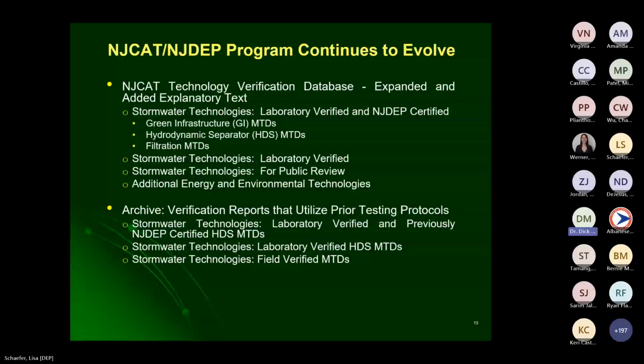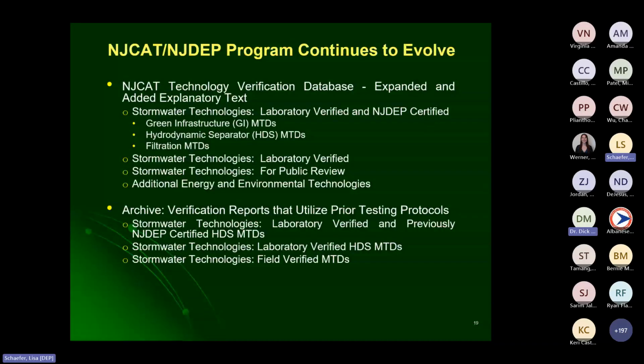So the key category is laboratory verified and NJDEP certified, which are the ones we were talking about in 3 categories. I will tell you that the green infrastructure category is a call that DEP makes.